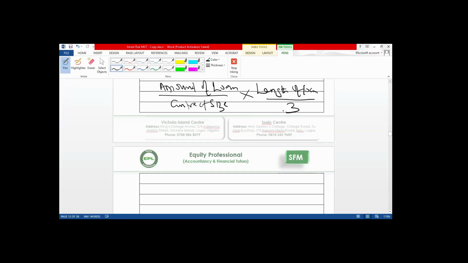Like I explained, all contracts are for 3-month period under interest rate futures. You can please take this formula down. We are done with requirement A.